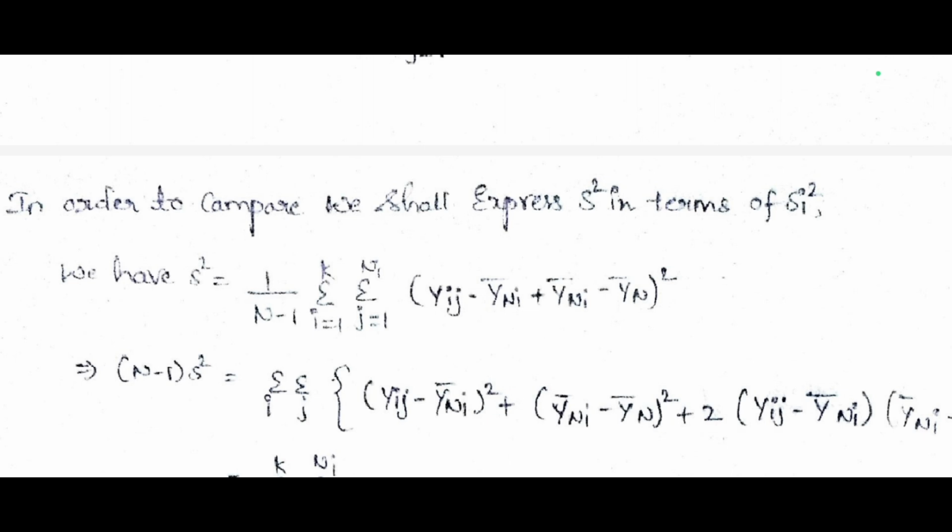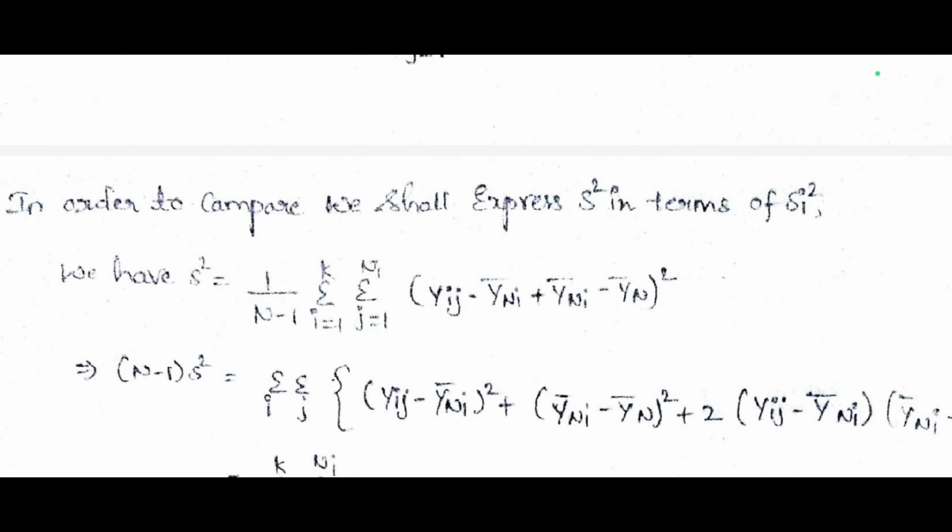S² is equal to 1/(N−1) summation i runs from 1 to k, j runs from 1 to n_i, of (y_ij − ȳ_i + ȳ_i − ȳ_N) whole square.